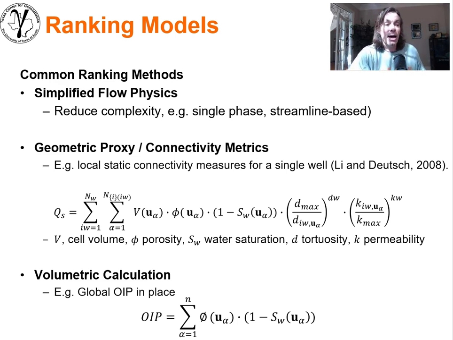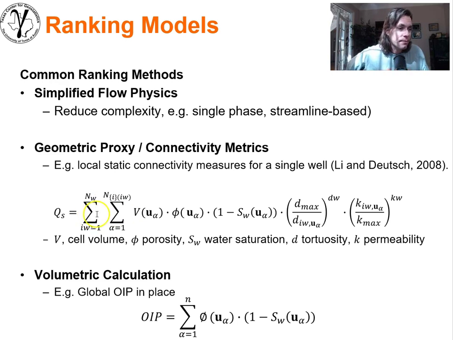Now, related to that, you might want to use a geometric proxy, a connectivity metric. People will often use the dynamic Lorenz coefficient. Lee and Deutsch in 2008 suggested a really nice example for primary depletion connectivity around a well, based on a weighting. Now this is very interesting.